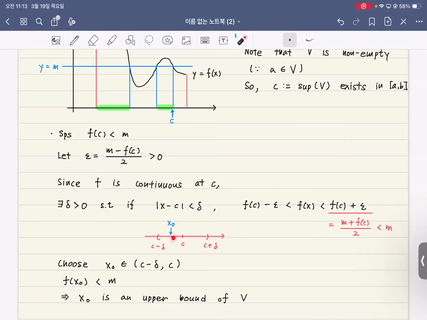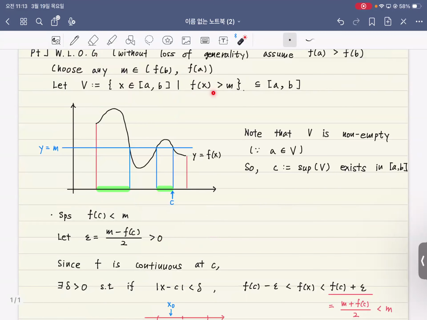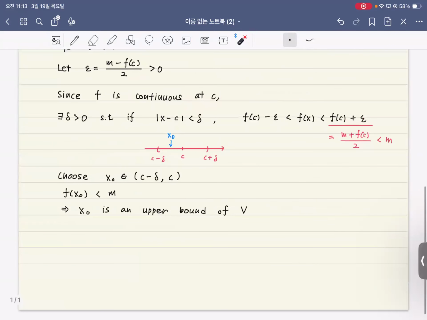And also, between here and there, every point on this interval has function values less than m, right? Therefore, x0 can be our new upper bound of the set V. Right?